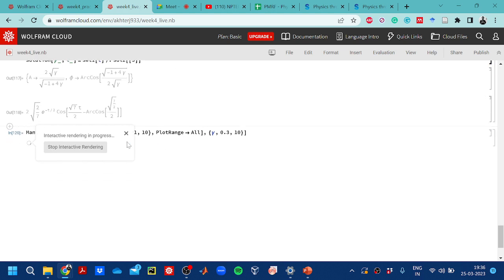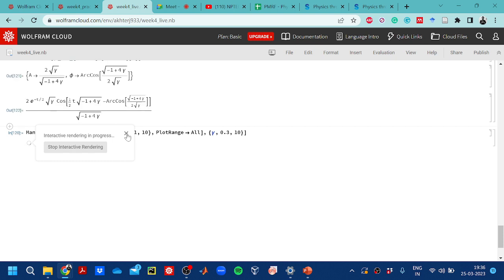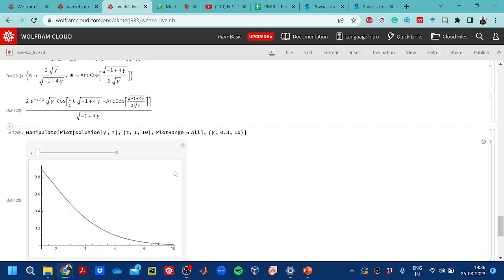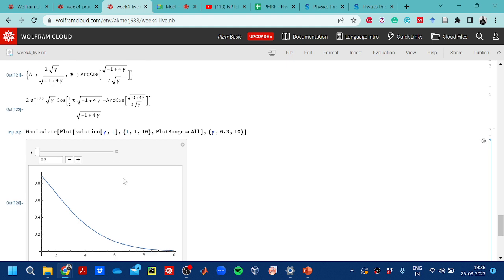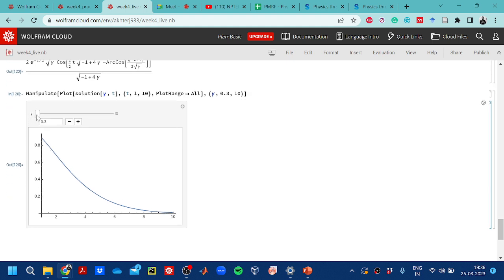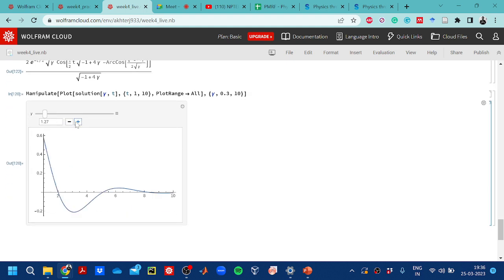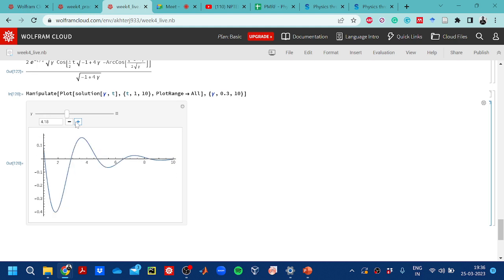It is taking time. Yeah, so you can see that for gamma value 0.03, we have this kind of oscillation. And if we increase our gamma factor, then we can see how the solution changes.